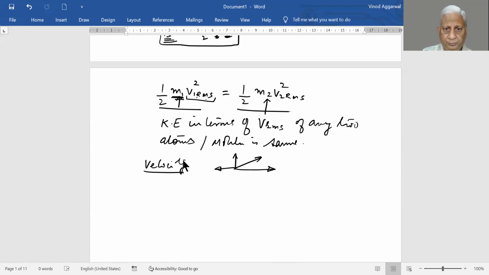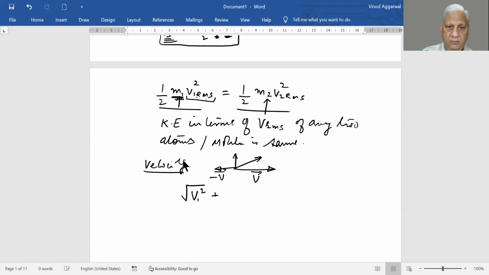If in this direction the velocity is v, then in this direction the velocity will be negative v. But if we want to take the magnitude of v, then what we do is we square it up and take the square root. This is for particle 1.